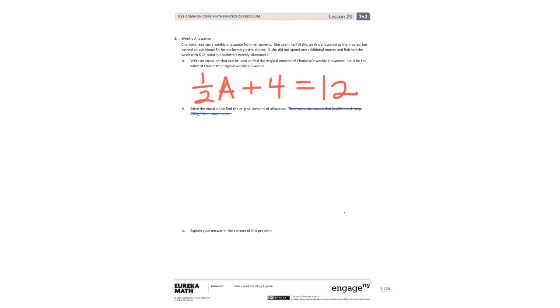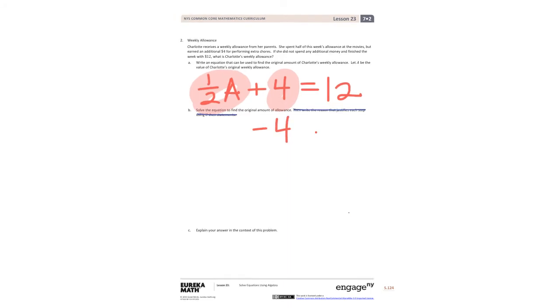Okay, hopefully you have 1/2 being multiplied by a. If you wrote that as 5/10 times a, that's the same thing. And then you've got that added to 4. Now remember, it is addition. So if you have this term and this term switched around, that's okay. It's the same thing. All right, so to solve this, I want to subtract 4 from each side.